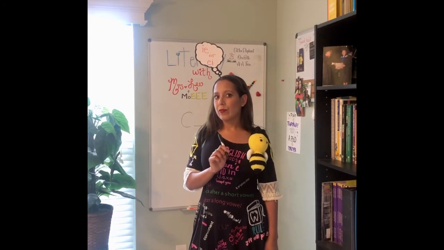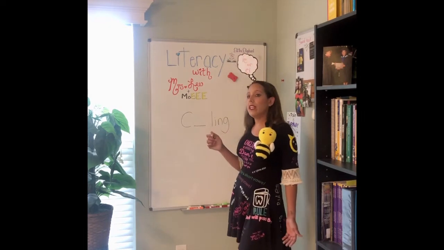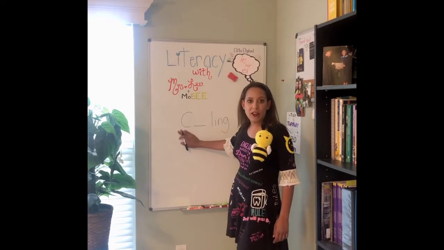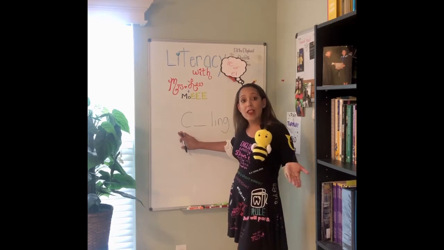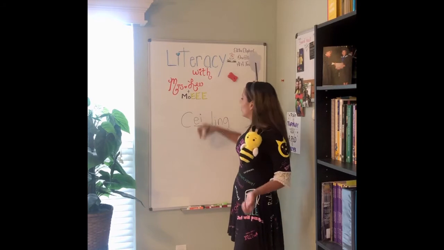How would I spell E in the word ceiling? I before E except after C. And look what we have here. We have a C. So that tells me that E is spelled with an EI.